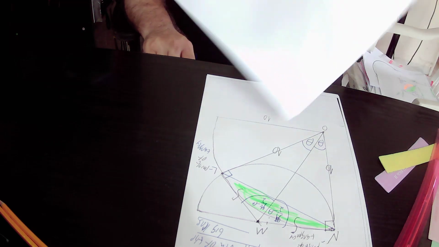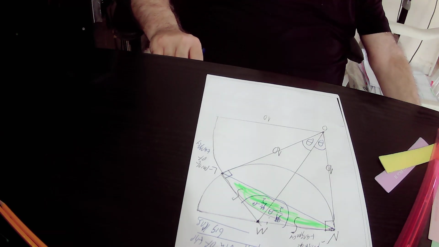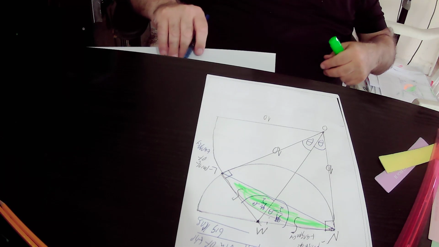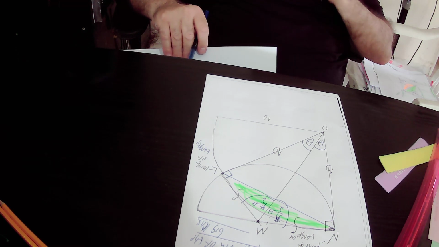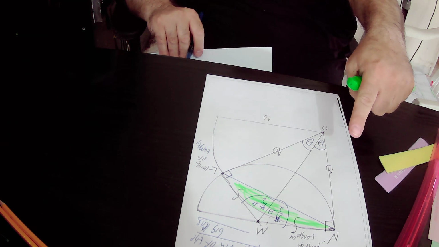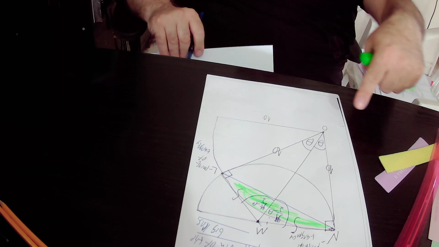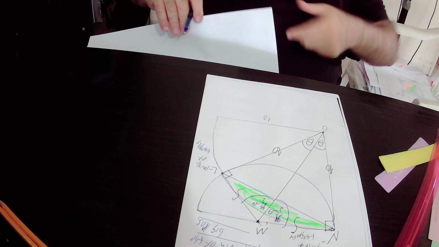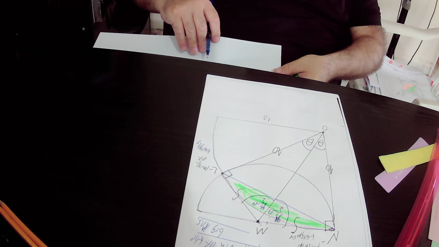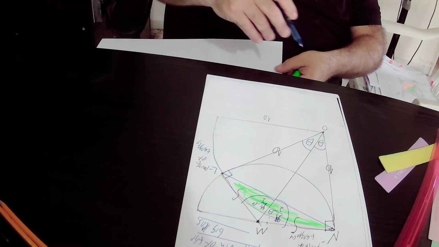In the next step, we'll find out the value of theta and the value of sine 2 theta. In order to find out the value of theta, I will draw the right triangle MNO that contains angle theta, and we derive the value of angle theta and the value of sine 2 theta from this right triangle.